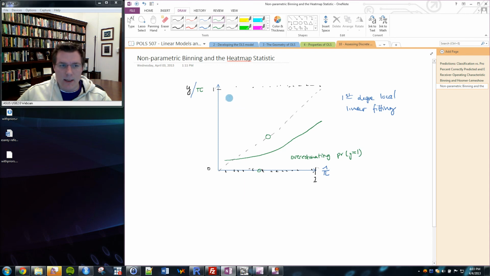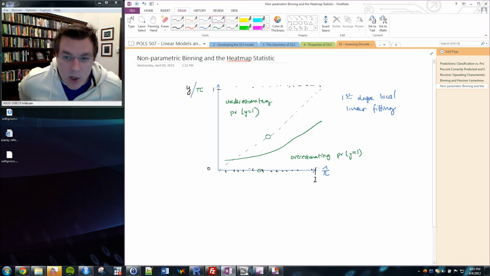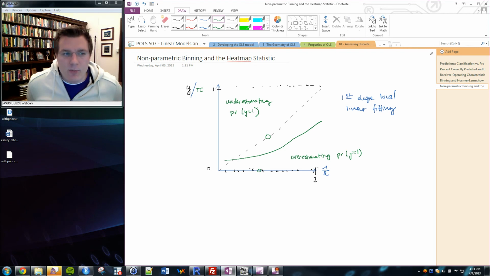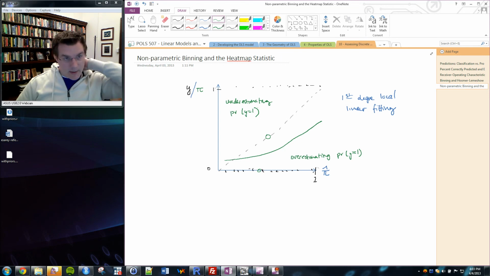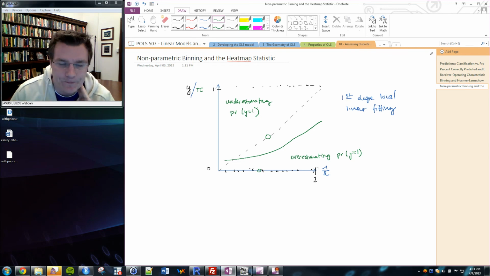If we're on the upper quadrant here, we're underestimating. So this little example shows us that we're actually overestimating the probability that y equals 1 for most of the data set. The model is telling us that the probability of success, or survival in the Titanic case, is smaller than it should be.